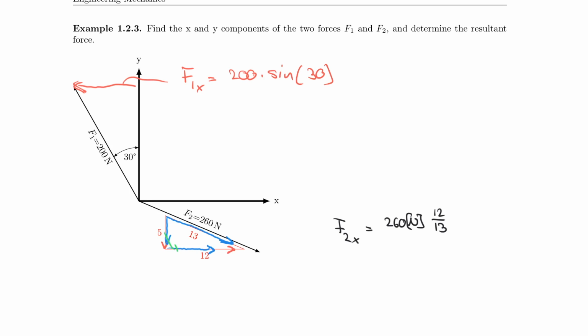So this is correct, but I would still stay away from it. In fact, I would say that f1x is equal to 200 times cosine 90 plus 30, which of course numerically in this case is the same value. However, this method is much more foolproof and bulletproof when you deal with more complex systems later on.